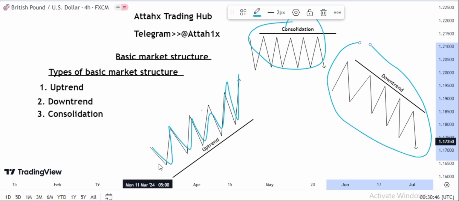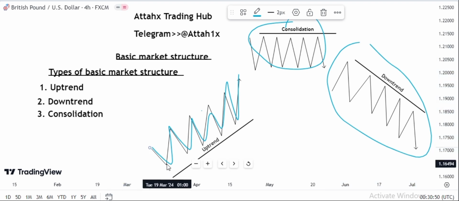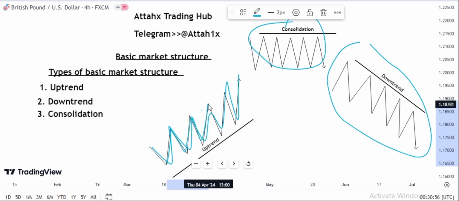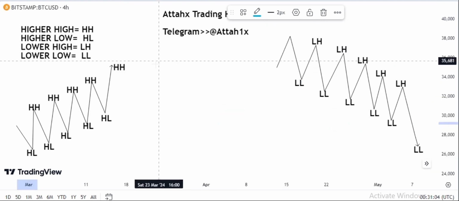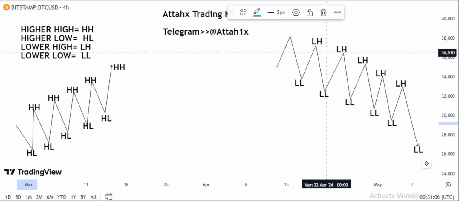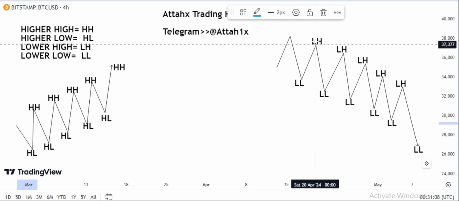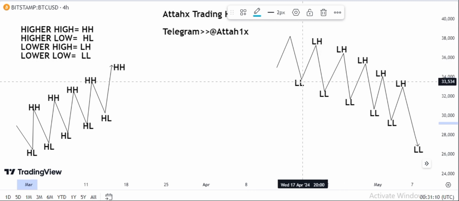So when the market creates a higher low, which is this, a higher high, a higher low, a higher high, that is to tell you that the market is currently in an uptrend. And then when we come down to the downtrend, it uses the lower high and the lower low.